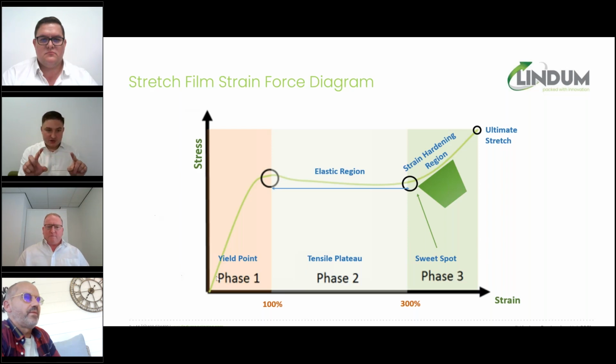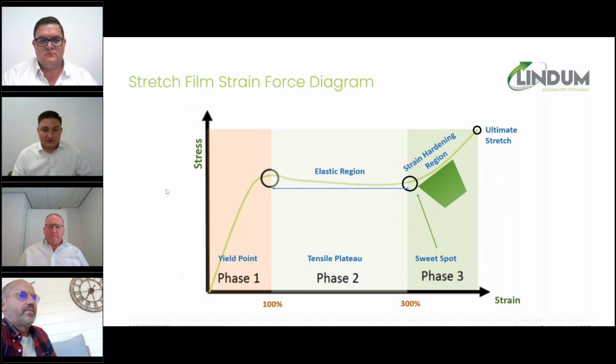As you move on to phase 2, you're stretching the material, and it gives some resistance. But when you get right up to phase 3, you get to a point where it locks out, and you can't stretch it anymore without snapping it. That is the point where it is strongest. So phase 3 is its sweet spot, and that is the level of stretch that you want to be aiming for in your stretch film in order to maximize stability.